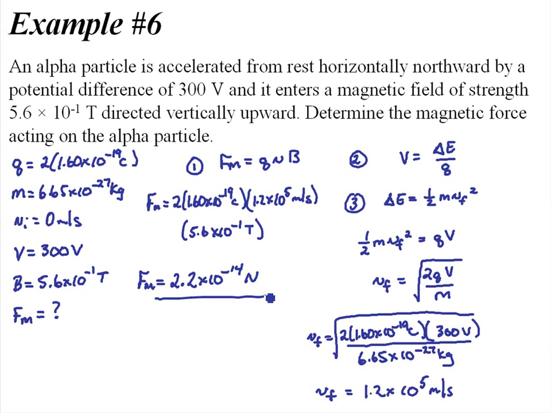This is a very common type problem, and it's used quite often because it actually uses concepts from 3 different units. We worked on kinetic energy back in Unit 1. We worked on energy through an electric field and a potential difference in Unit 2, and magnetic force in Unit 3. So it's a really good question to review concepts from 3 different units.